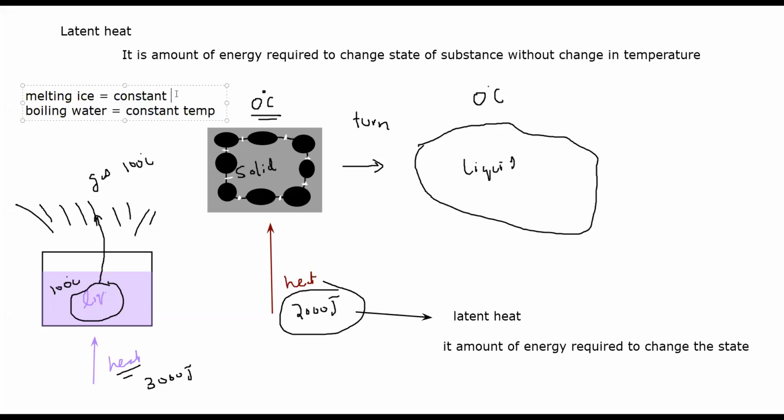So whenever there is a change in state, there is no change in temperature, and the energy which we supply to change the state, we call that latent heat. Is it clear, the concept of latent heat?